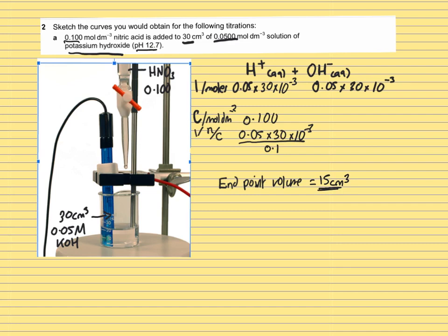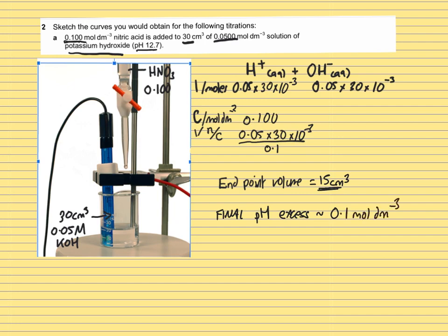Well, the final pH is going to have a massive excess of nitric acid, and therefore the final pH is going to be acidic, and we can roughly guesstimate this. Remember, these are sketches, so the final pH is going to be an excess of the nitric acid, which is roughly going to be 0.1 moles per dm cubed.